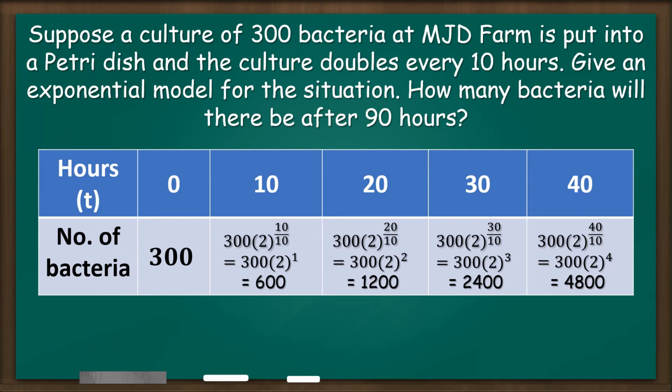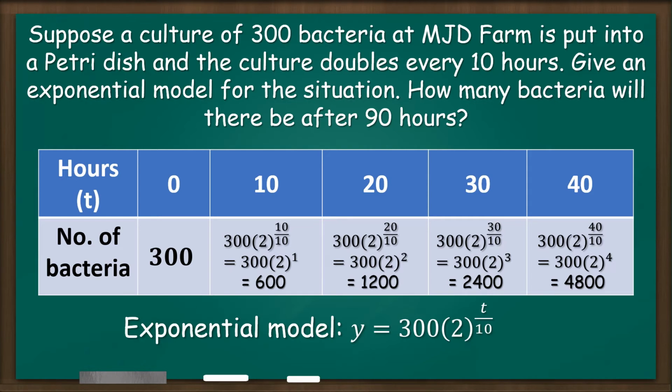For 30 hours, we have 2400. For 40 hours, we have 4800 number of bacteria. Our exponential model for this situation is y is equal to 300 multiplied to 2 raised to t all over 10.